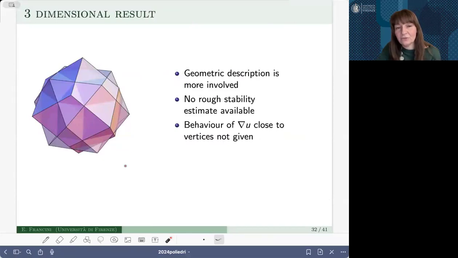And here we need to face a number of difficulties, which are, of course, geometry is much more involved because even the definition of polyhedral is not easy to give. And also, since we move to 3 dimensions and we are taking piecewise constant coefficients, no rough stability estimate is available for this case. And also, we have no idea of how to study the behavior of the gradients of the solution in the vertices of this kind of polyhedral.